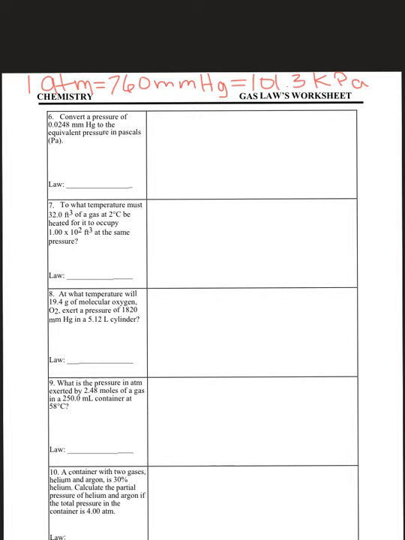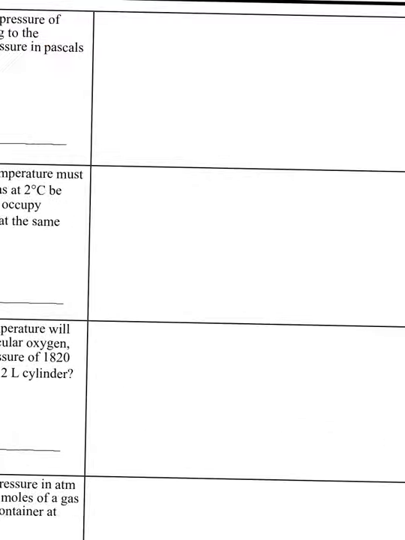Okay, convert a pressure of 0.0248 millimeters mercury to the equivalent pressure in pascals. So we have our pressure conversion here.